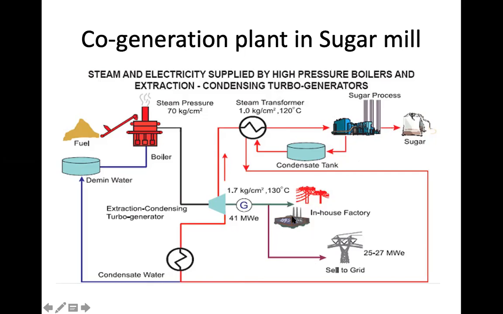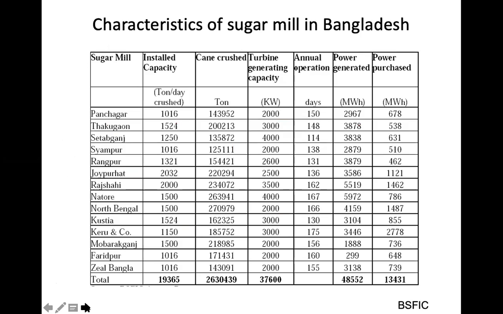Even the energy present in the sugarcane bagasse can run the whole system. So this is one of the ways. But in our country, electricity generation from sugarcane bagasse has not yet been established. They are used as traditional fuel.